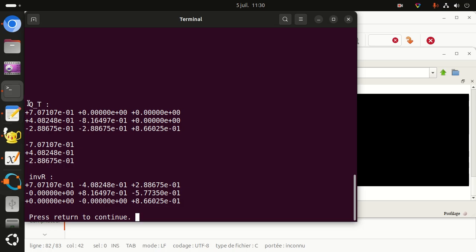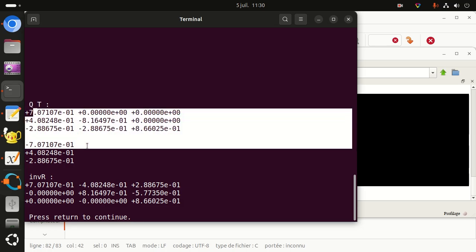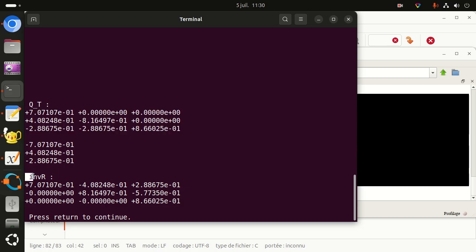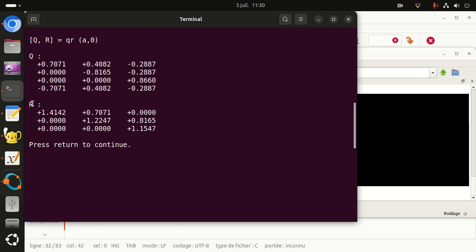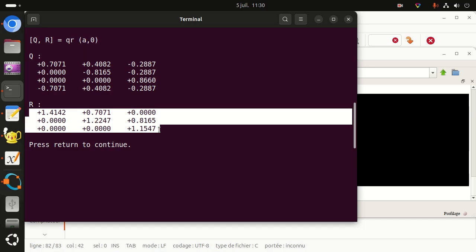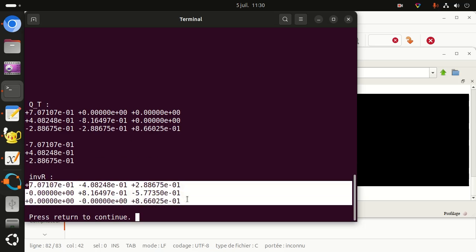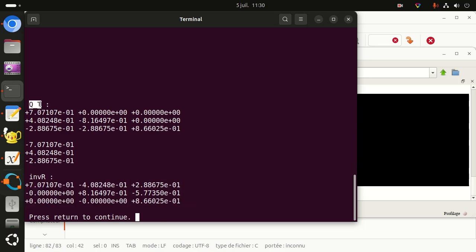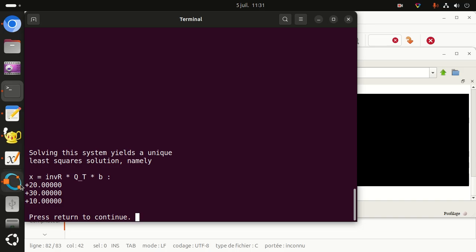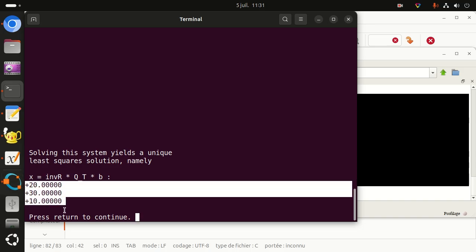Now you take the conjugate transpose of Q and the inverse of R. You know R is a triangular matrix, so it is easier to take the inverse. That is why you can use a QR factorization to solve a system. And now I have the result.